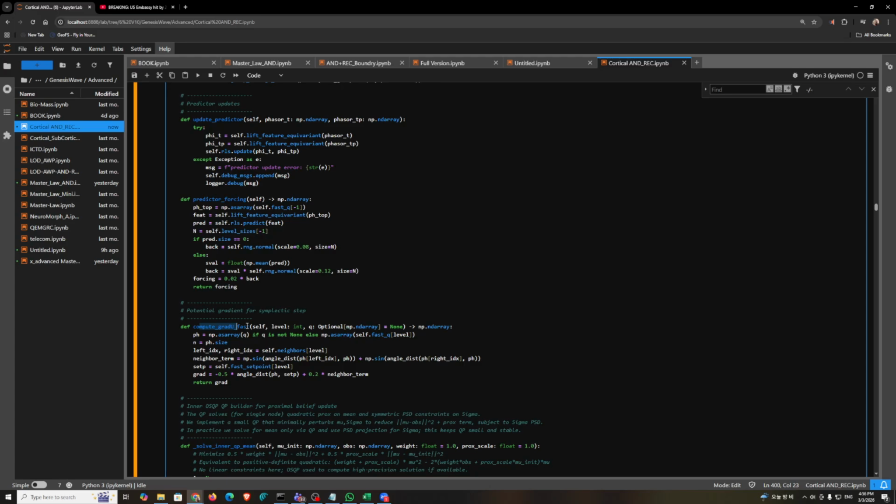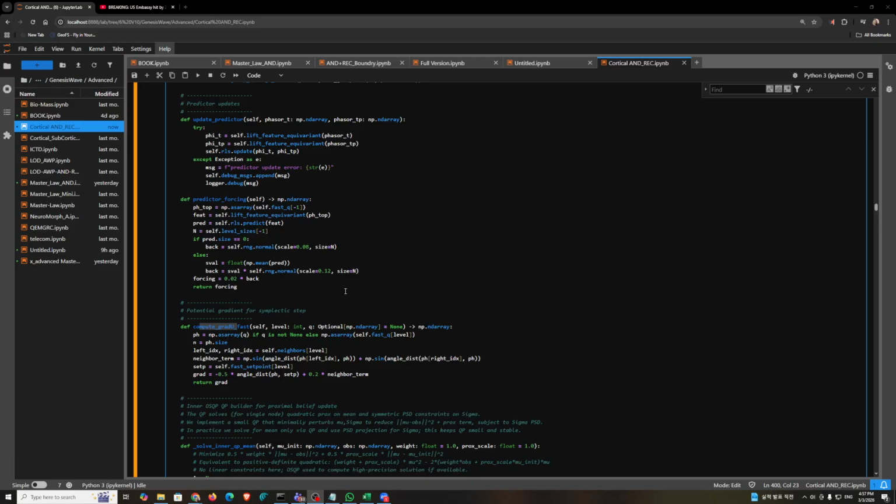So this gradient descent depends on the phasor's current state, its interactions with immediate neighbors, like forming a ring-like connection, and also its tendency to return to its set point.